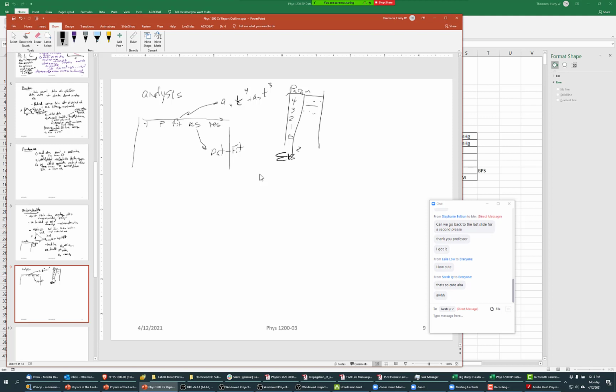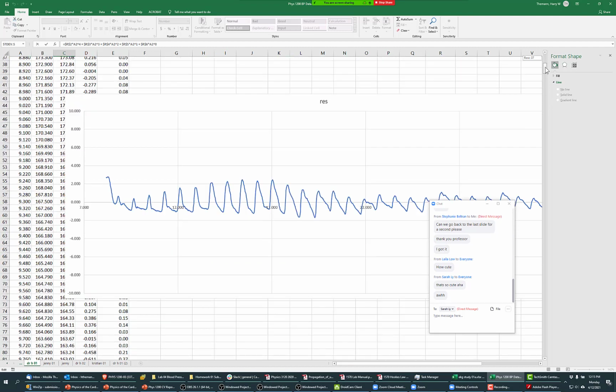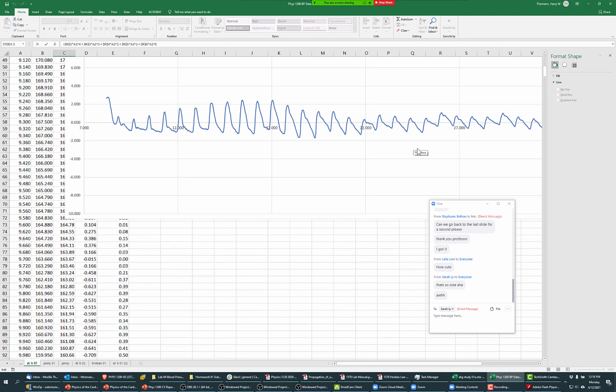And then, what else? So you have the whole plot, you have the explanation of all the numbers in the tables, and then you show the plot of the residuals. I haven't jazzed this one up yet, but this is the residuals, and it's data minus the fit. But remember, in our case, the fit is the background.